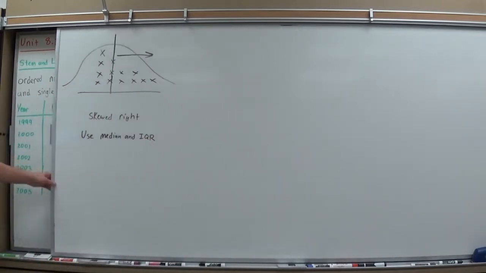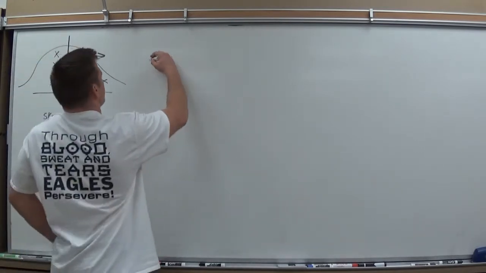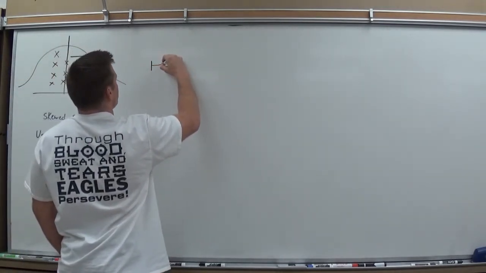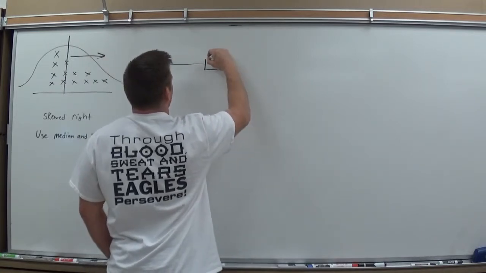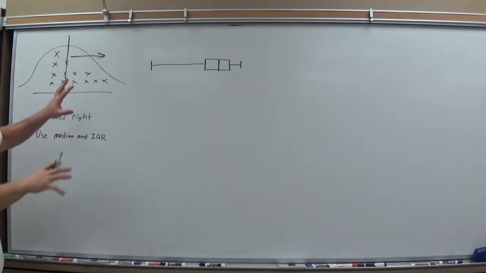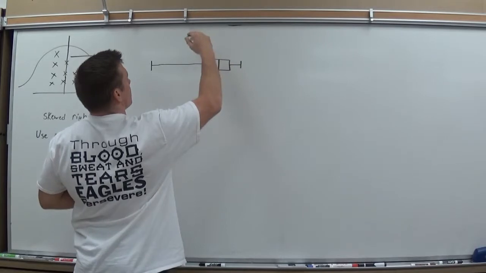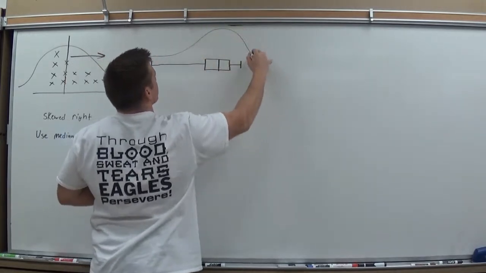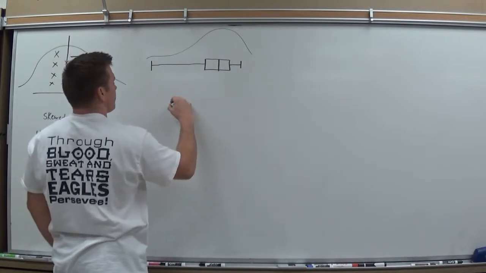Okay? Now, let me show you that data in a slightly different way. Let's look at it as maybe a box and whisker. So when I look at this box and whisker, more of the data is over here. Shape-wise, it looks like this, because it's more lumped over here. This is now skewing left.